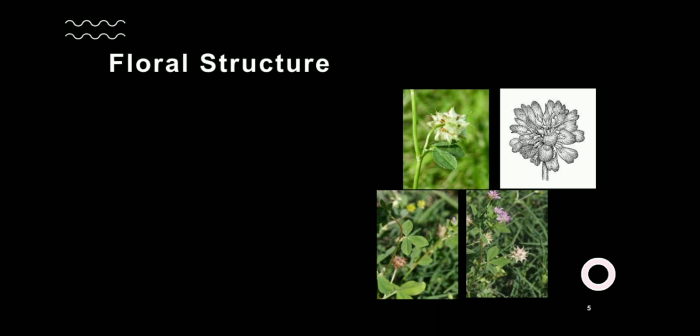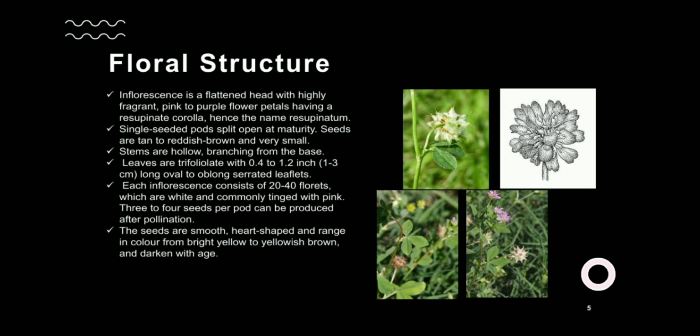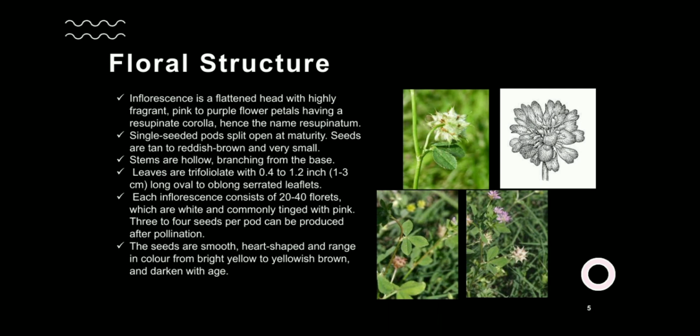Now we will discuss the floral structure. The inflorescence is a flattened head with highly fragrant pink to purple flower petals having a resupinate corolla, hence the name resupinatum. Single seeded pod splits open at maturity. Seeds are tan to reddish brown and very small. Stems are hollow, branching from the base.